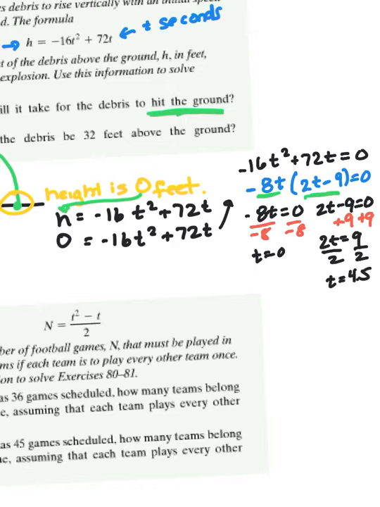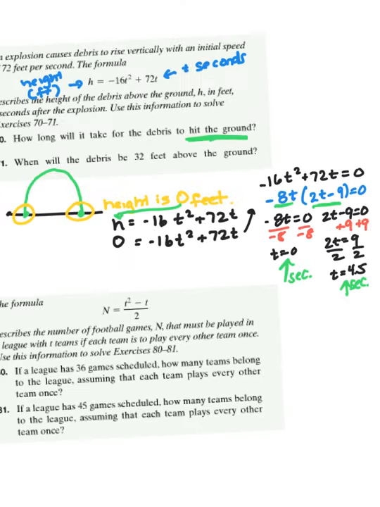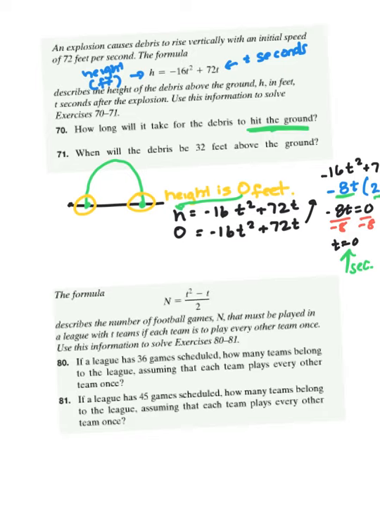So what does this mean in our problem? Well, t is time. Time is 0 seconds here, and time here is 4.5 seconds. Let's look back at our diagram. When is the height equal to 0?